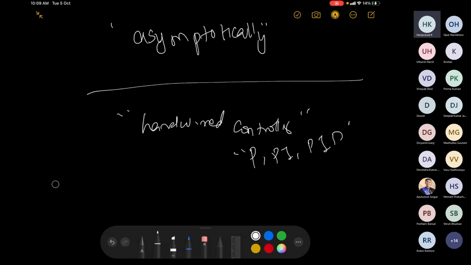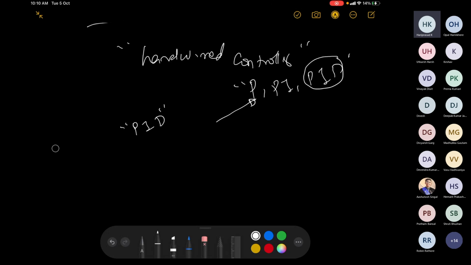Most likely it would be a PID controller. We have not learned what a PID controller is; we will see. If you need to activate P in that, you will have to switch it on. It's like a fan regulator, wherein you change the speed from 1 to 5 by turning a knob.